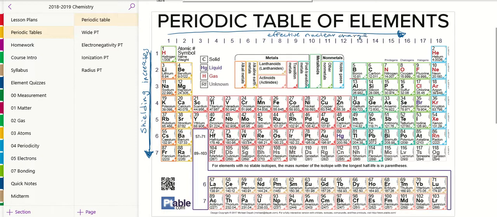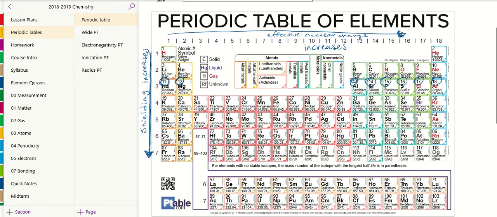It increases because you increase the amount of protons as you go across a period. So period 3, for example: 11, 12 protons, 13, 14, 15, 16, 17, 18. You increase by 1 proton as you go across a period.